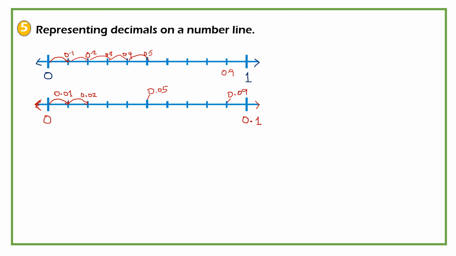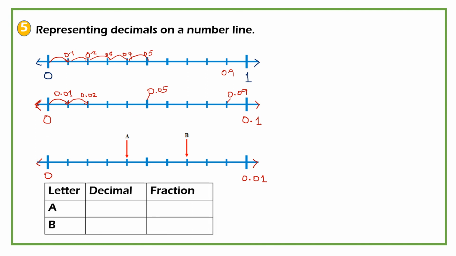Now, what happens if this is 0 and this is 0.01? For this case, what is A and what is B? Student, think. What will be A and what will be B?